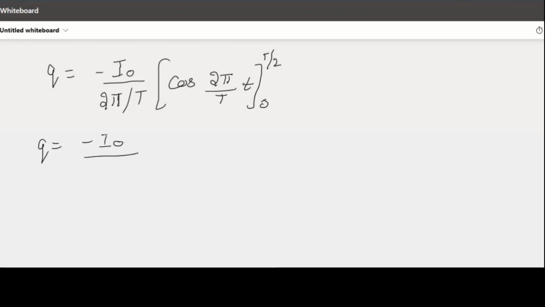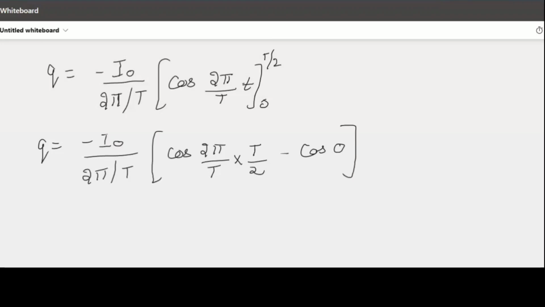First of all, write down the terms which are constant, then apply the limits on the cos function. So this is equal to 2 pi divided by capital T. First is the upper limit T by 2, then cos, and when we put the lower limit 0, cos turns to cos 0.